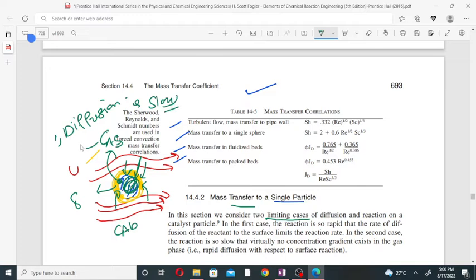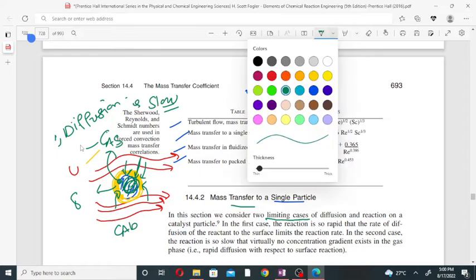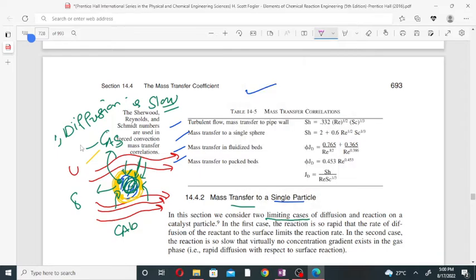Diffusion taking place in the hydrodynamic boundary layer is very small in the first case, and the reaction at the surface of the catalyst particle is very high, a very rapid reaction. This is the first case.